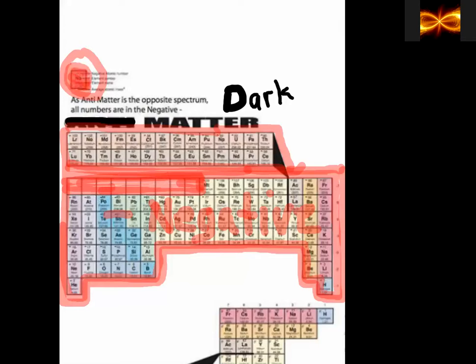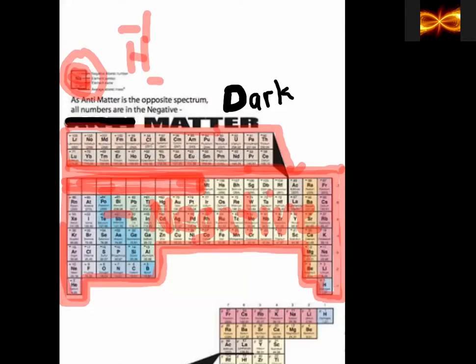And so all you have to do is put a negative integer in front of it. So the atomic number of hydrogen is 1. The atomic number of dark matter for hydrogen is -1. And so the atomic mass would also be the same digits, but it would be a negative integer. That's all we're doing here.